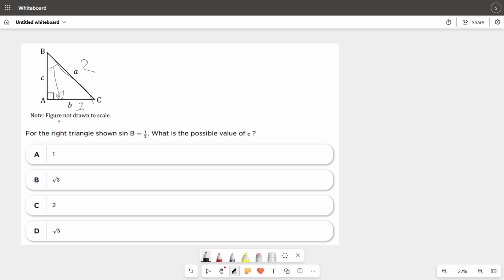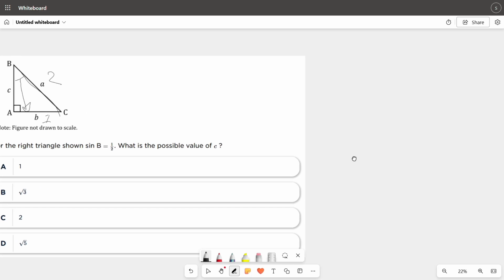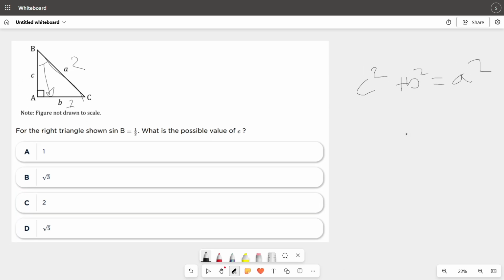And we know from the Pythagorean theorem, for right angles a squared plus b squared equals c squared, but for here c squared plus b squared equals a squared, we can start plugging it in. So let me just write it down. We don't know what c squared is.